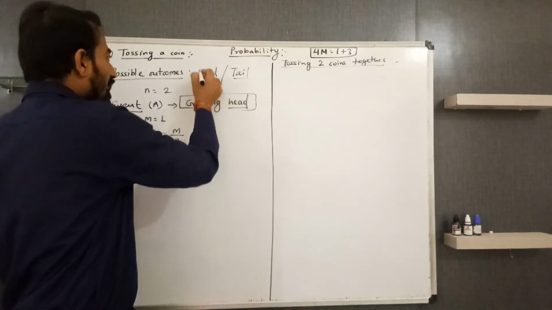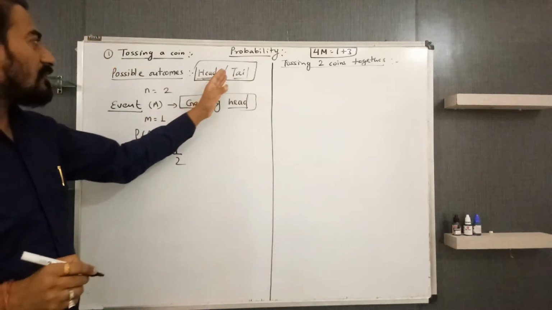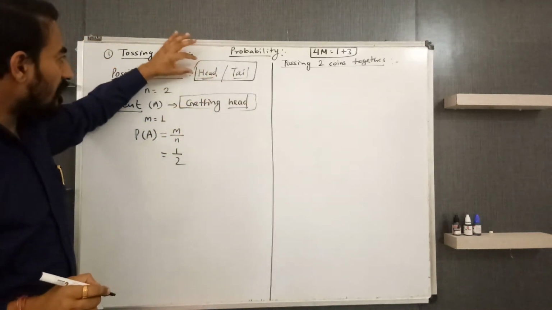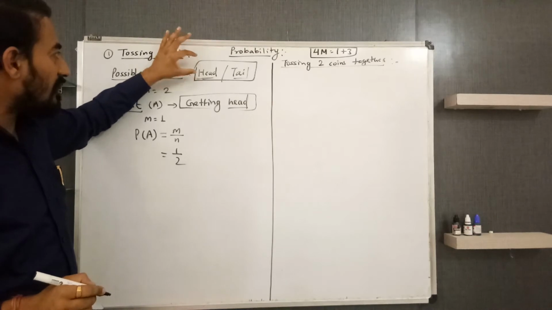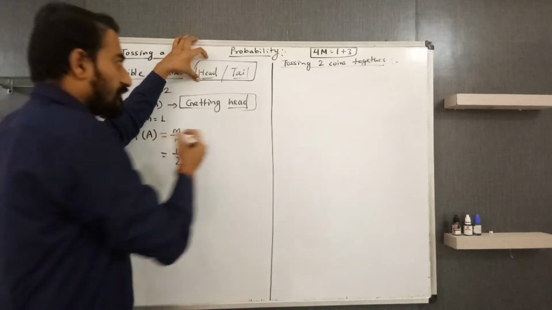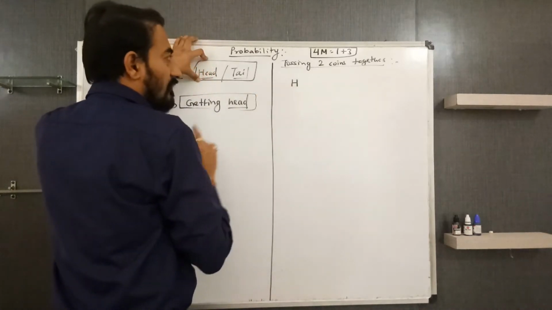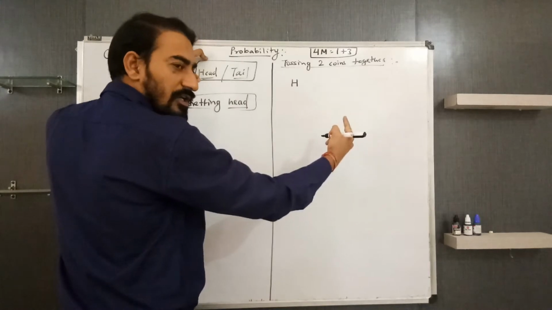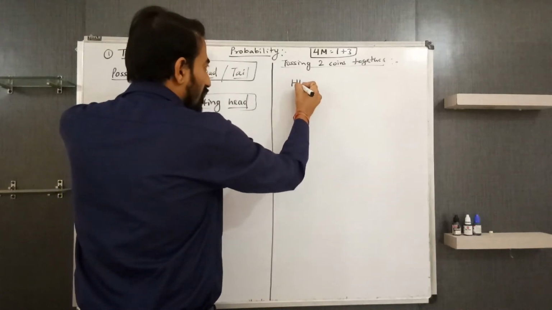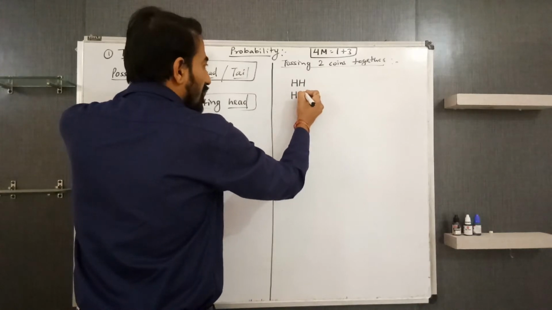In case of one coin we have head or we may have tail. So let us check: if the first coin gives head, for the first coin we are taking head, then what about the second coin? The second coin may give us head and the second coin may give us tail also.